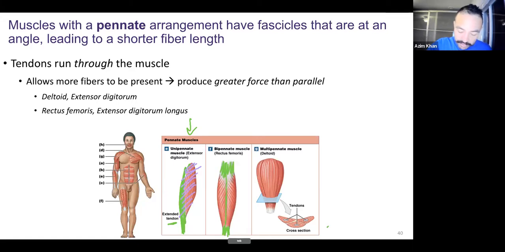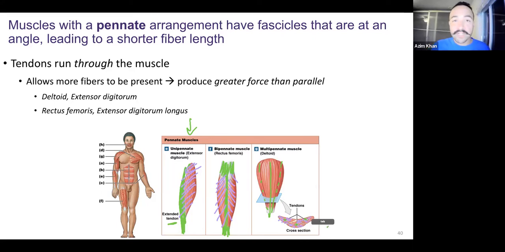So everything I'm coloring in green here is tendon, and then branching off that central line, you have muscle fascicle. Or more complicated, you have tendons running through 3 different parts. In this example of the deltoid, in this cross section, you can see that there's tendon in the middle, and then branching off of that, you have fascicles.